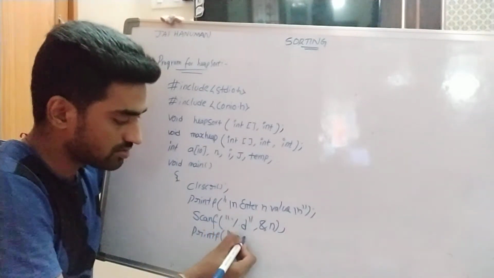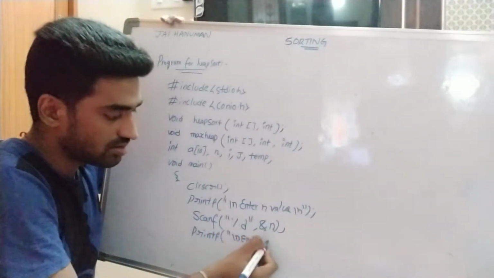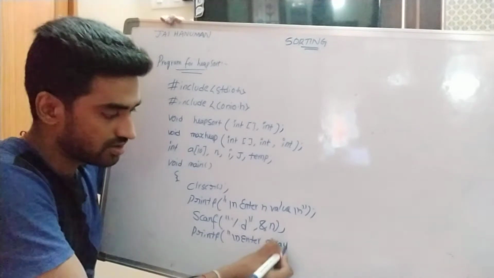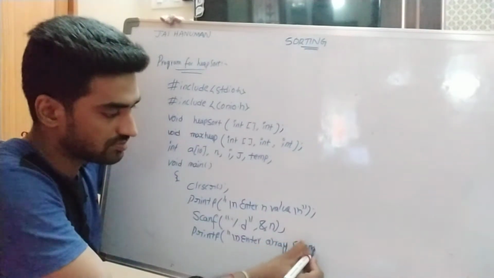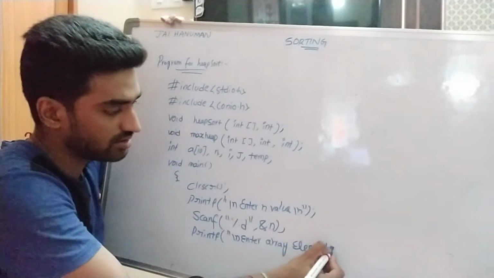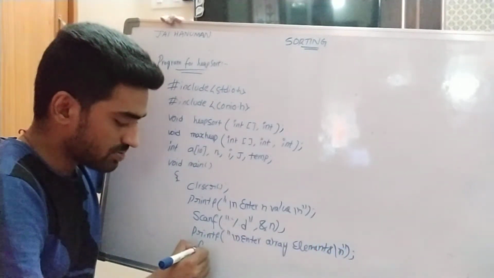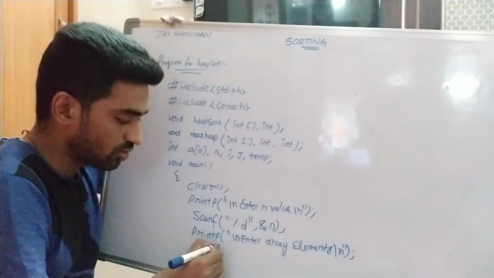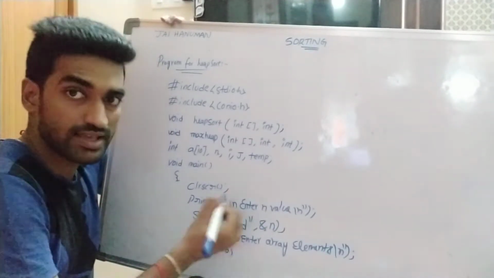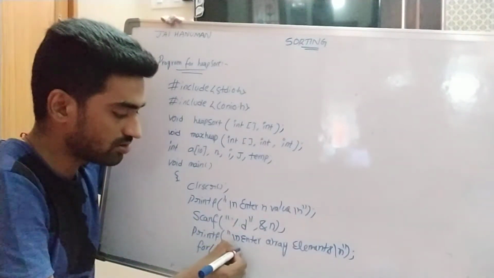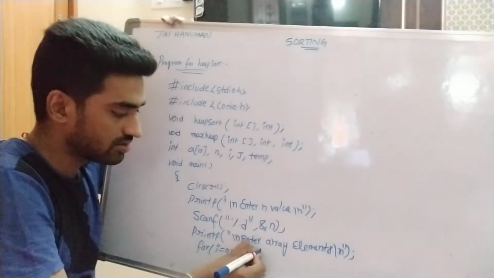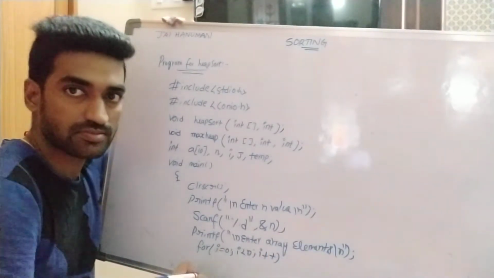Enter array elements. The same operation is performed repetitively, so that's why I am using a loop. The loop runs from 0 to less than n: for i equal to 0, i less than n, i plus plus.